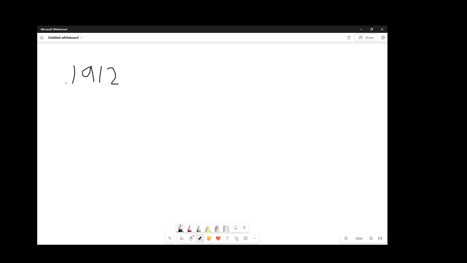We need to write the decimal representation. Every digit we are given is d, so we need to write the decimal representation of d plus one. Sorry for the handwriting. So one is here.